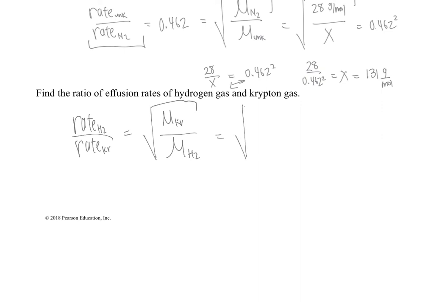And I'll plug in those masses. As long as the units are the same, we should be good. 83.8 grams per mole divided by hydrogen 0.202 grams per mole. Square root the answer, you get 6.45. So this means that hydrogen moves about 6 times faster than krypton.